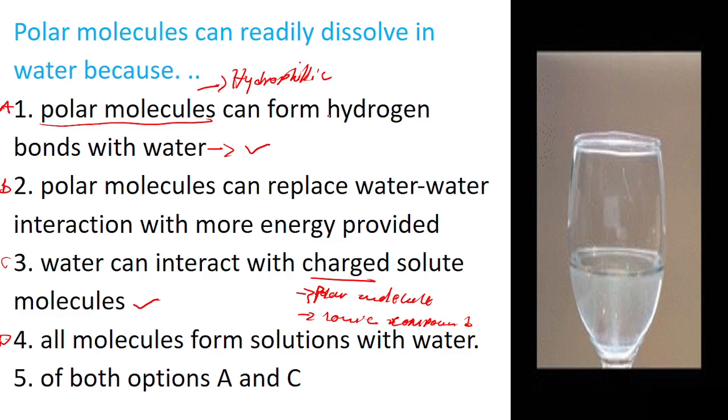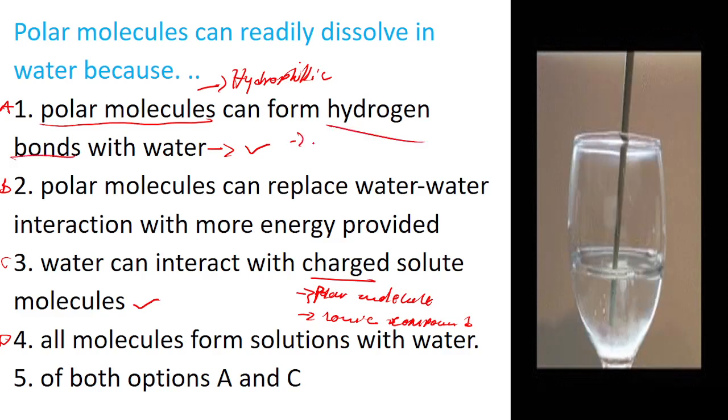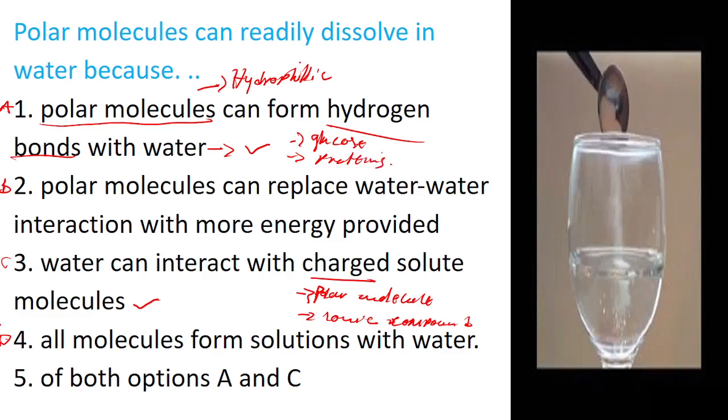Examples of polar molecules are things like glucose and proteins. So the answer here was just 5. Take note of the typing mistake. The answer here was 5, which is option A or 1 and 3 are correct.